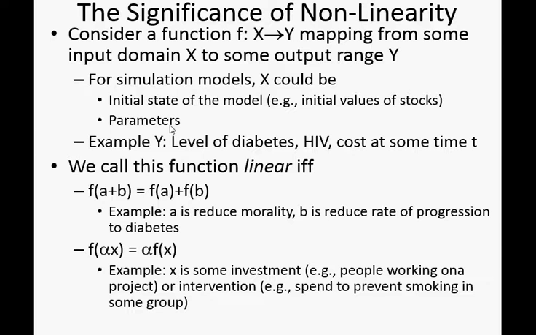So when we have these nonlinear systems, the response of the system to the sum of two variables is often very different from the sum of the system applied to each of those components.